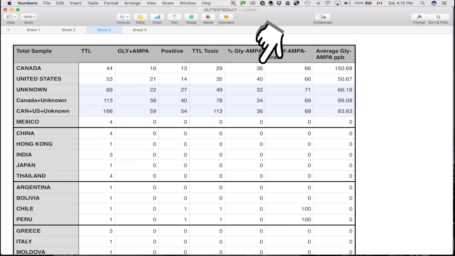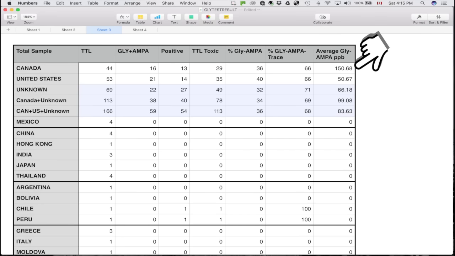And then the two percentages: 36% represents 16 out of 44, the samples that had a measured amount of glyphosate, and the next one, 66%, is 29 out of 44, which means the total percentage of samples that had some amount of glyphosate, even if it was not measured.